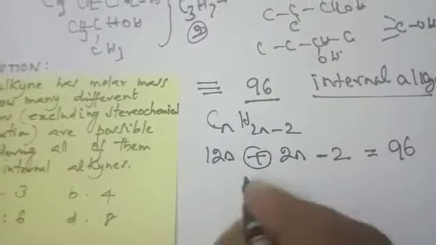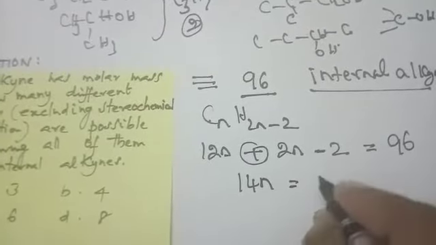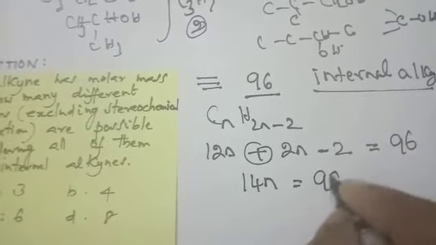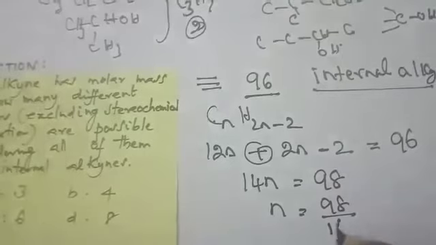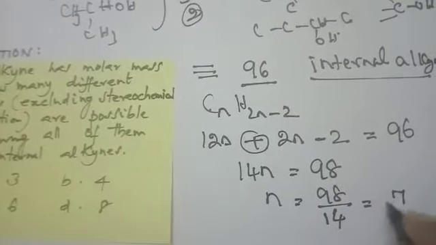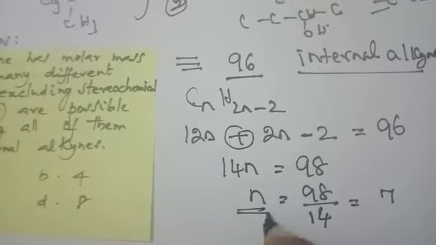So 12n plus 2n, that is 14n, minus 2 equals 96. Bring it to the other side: plus 2, so 98. Now n is equal to 98 divided by 14, that is equal to 7. 7 fours are 28, okay, correct. So n is equal to 7.